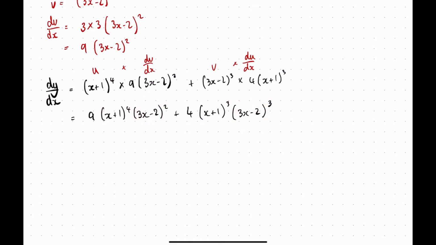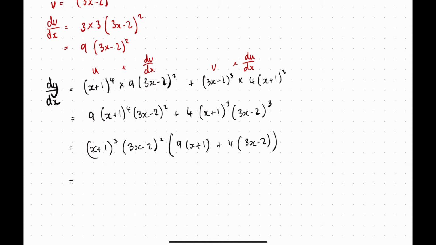So we can say that this is equal to x plus 1 cubed, 3x minus 2 squared, times 9 lots of x plus 1 plus 4 lots of 3x minus 2.